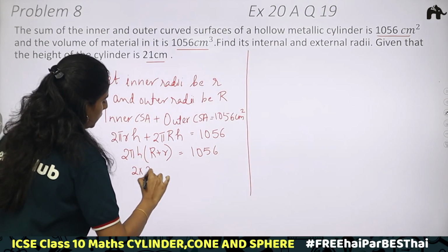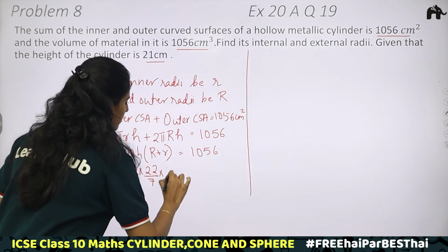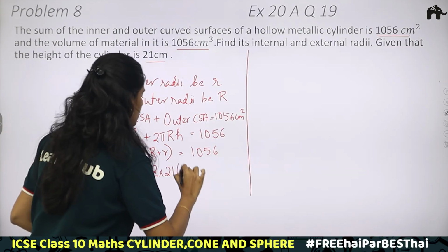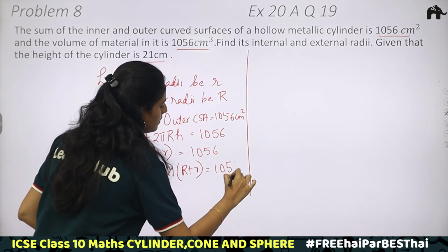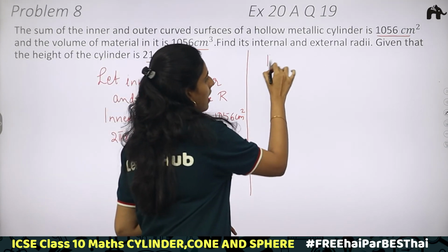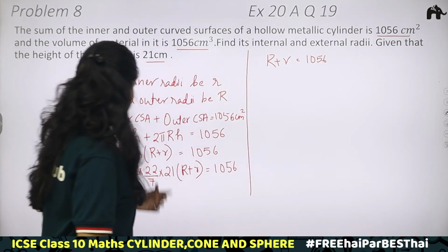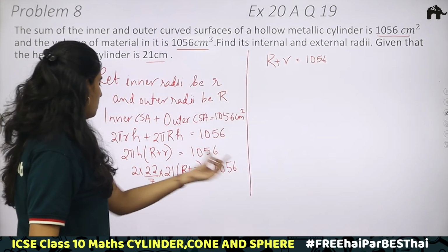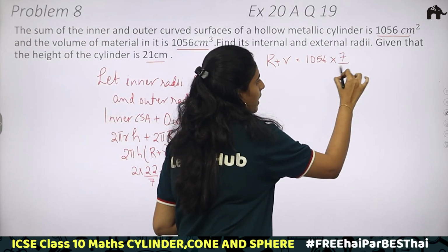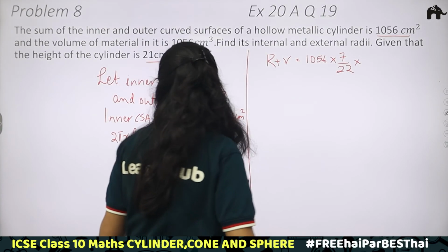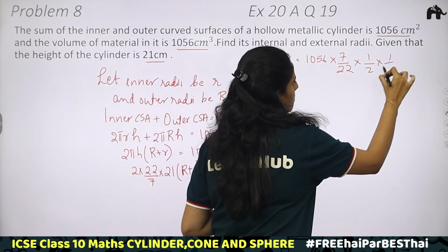2 into 22 divided by 7 into height. Height is given, which is 21 centimeter, into capital R plus small r is equal to 1056. Then what is R plus r? R plus r is equal to 1056. Taking all these terms to the opposite side, 22 by 7 reciprocal, 7 divided by 22 into, then we have 2 and 21, 1 by 2, 1 by 21.